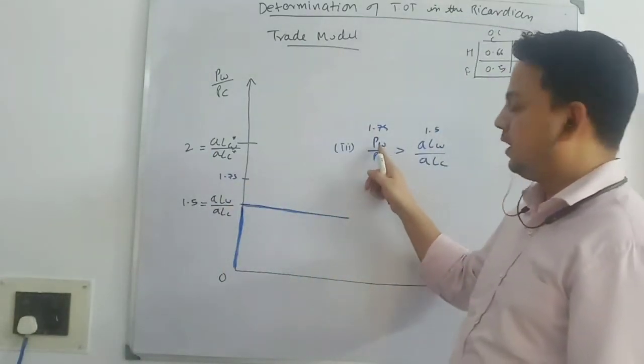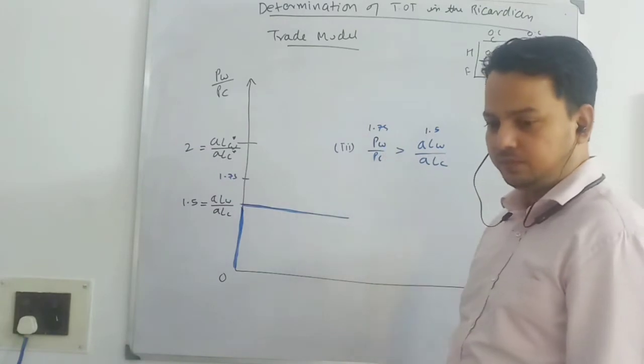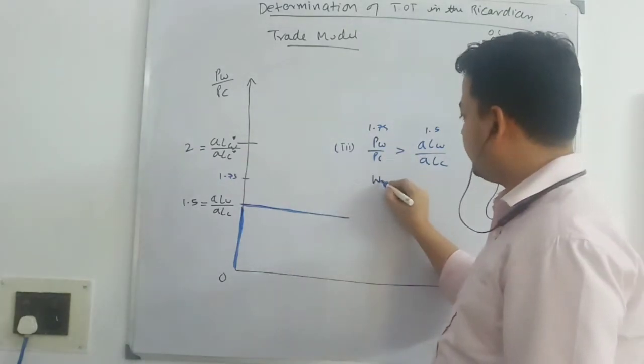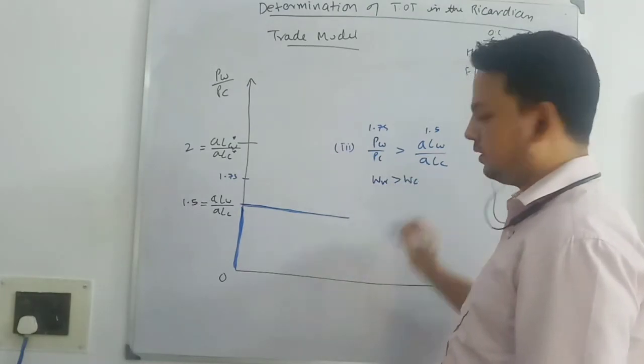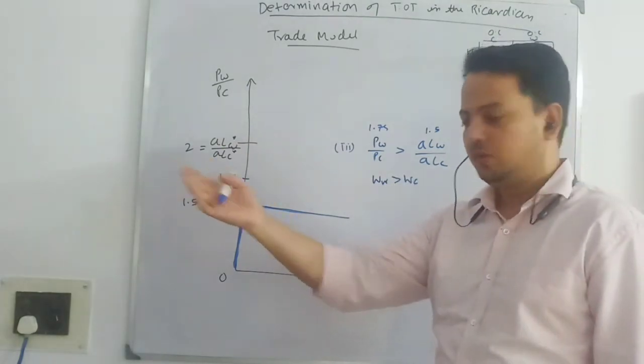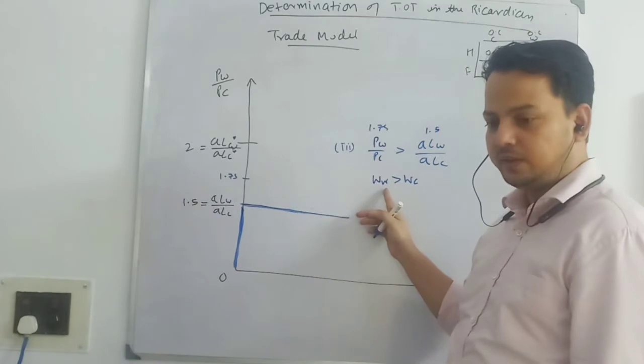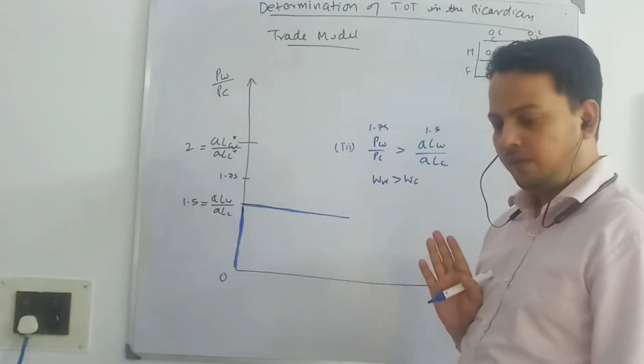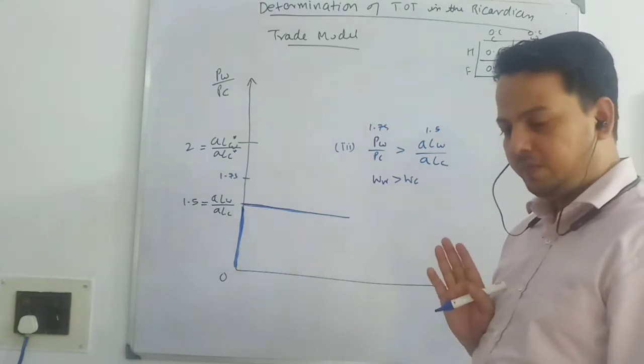When the relative price of wine is greater, it will produce only wine. Why? Because wage in the wine sector is more than wage in the cheese sector. Workers will move to the wine sector, so only wine will be produced, right? Remember everyone?